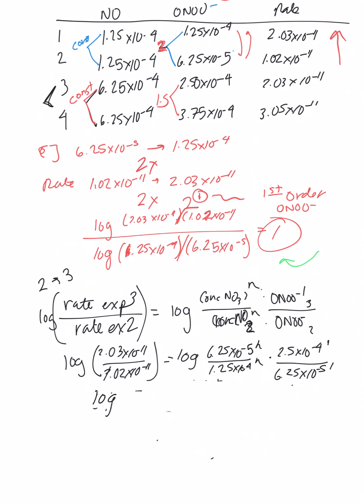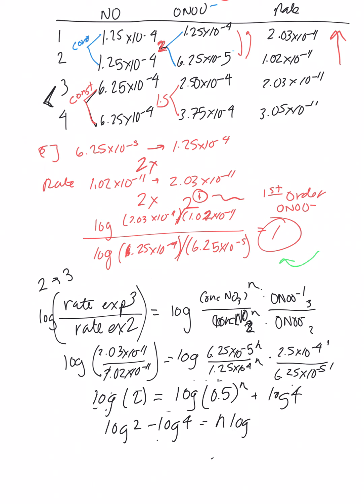We get log of 2 is equal to log of 0.5 raised to the n power plus the log of 4. So we get log of 2 minus log of 4 equals n times log of 0.5.